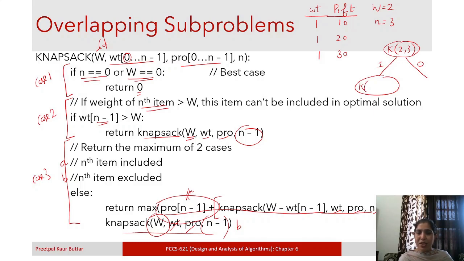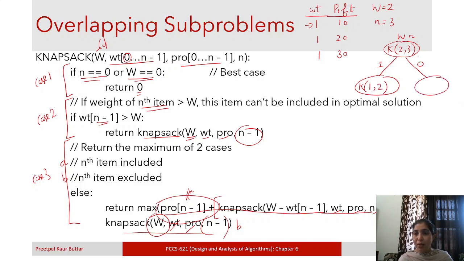You will earn its profit. And what is the problem which is left? This is W and this is N. So the weight which is left after picking this item is 1, because the weight of this item is 1, and the number of items which are left are 2.